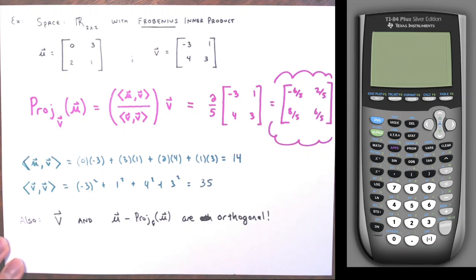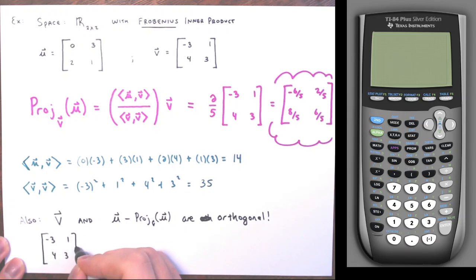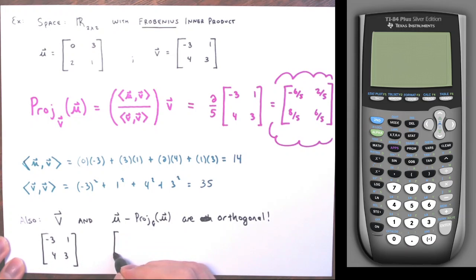So what was vector v? Well, that's just that matrix, negative 3, 1, 4, 3. And what's u minus the projection? It's just standard matrix addition and scalar multiplication here. I didn't redefine those in any way.